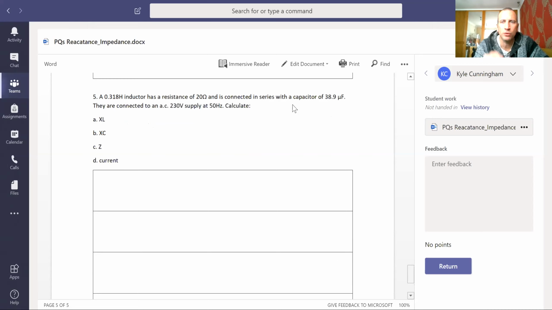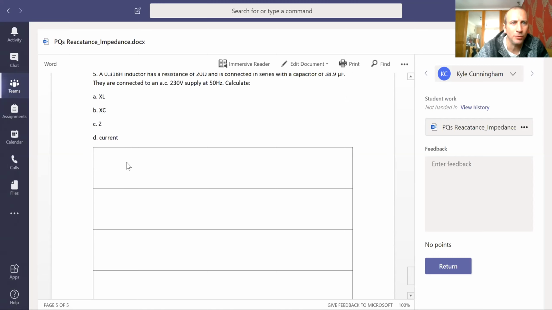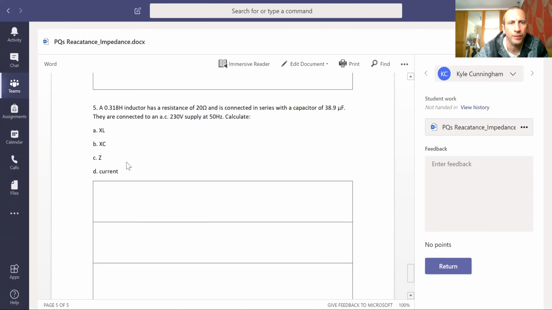It's more of the same, just more detailed. You've got to work out your inductive reactance, your capacitive reactance, and you've got a resistance there. So it wants your inductive reactance, capacitive reactance, total impedance, and then your current. Let's do this question, and once you can do that one, you've cracked it.